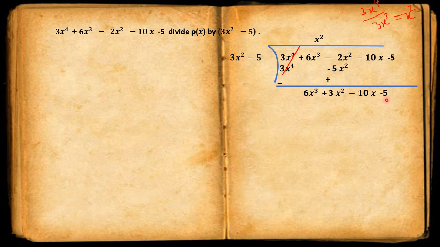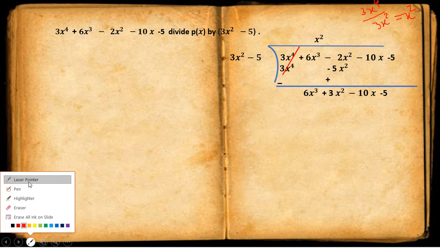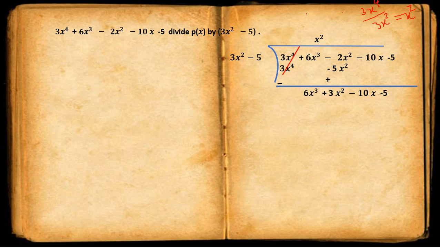Again this is divided by 3x square minus 5. We follow the same process now: 6x cube divided by 3x square.